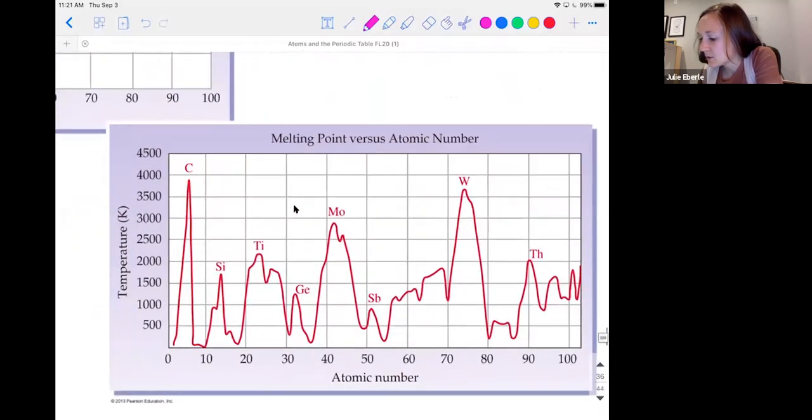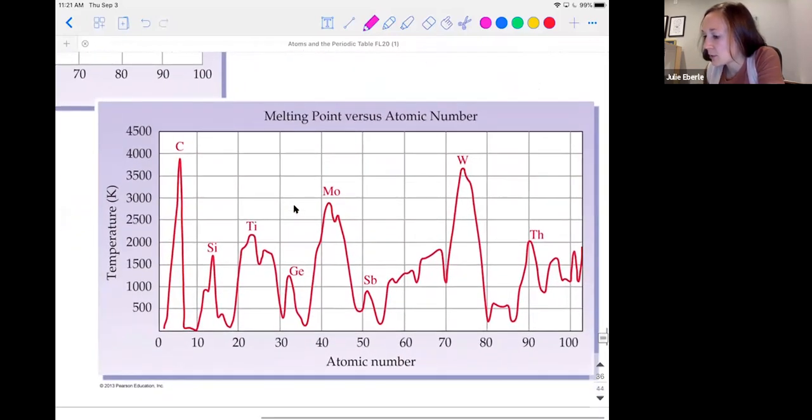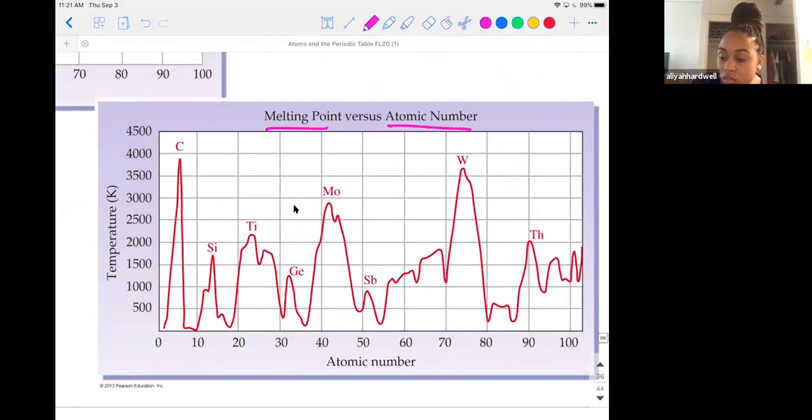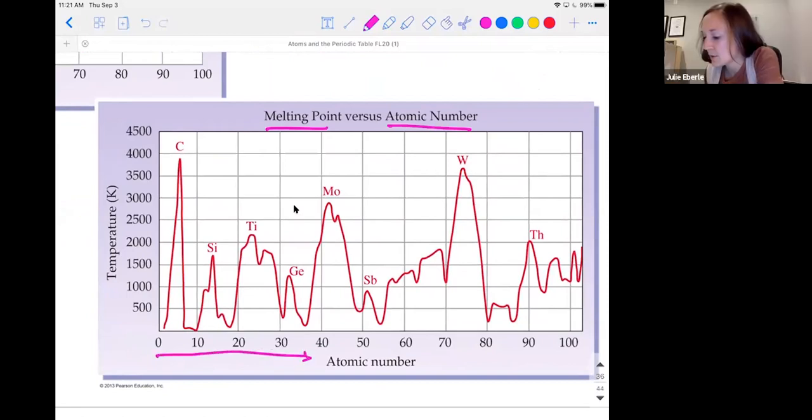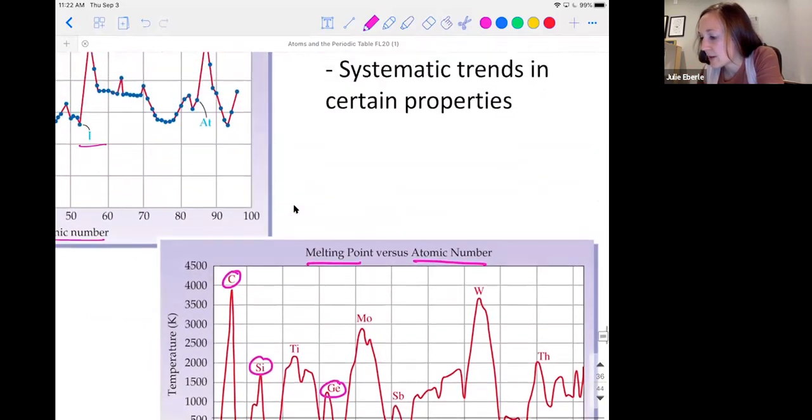I'm not going to talk about this one as much, but melting point versus atomic number. So as you increase in atomic number, what happens to the melting point where periodically, again, you get a spike, okay? I'm noticing a couple of things. Carbon, silicon is at the top of a spike, Ge, germanium. So let's go look at where these elements are. They tend to have higher melting points.